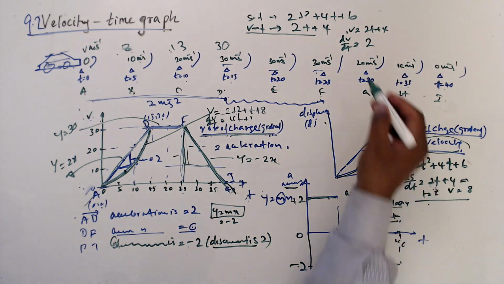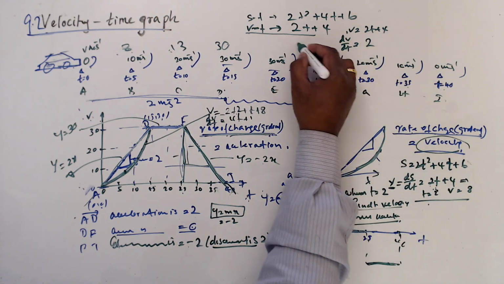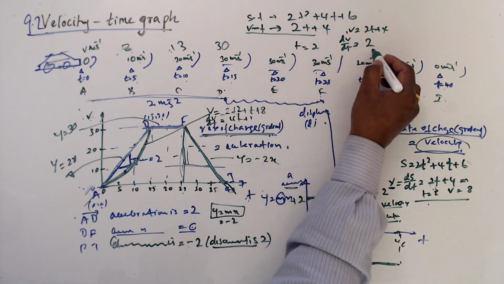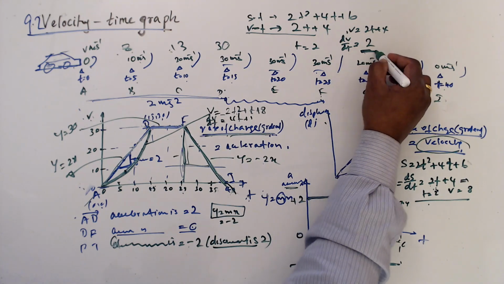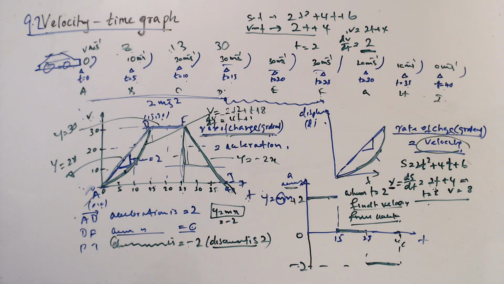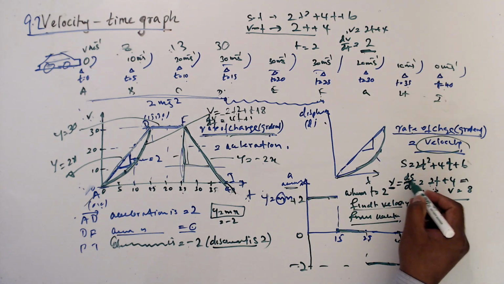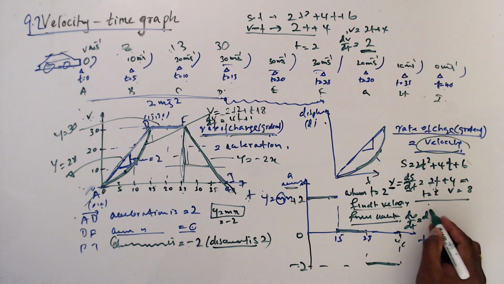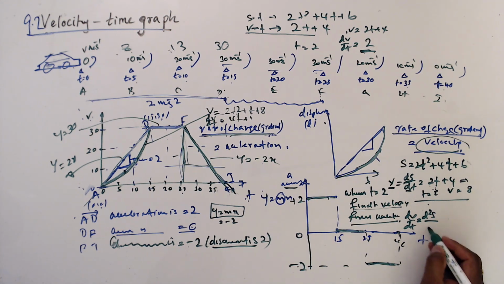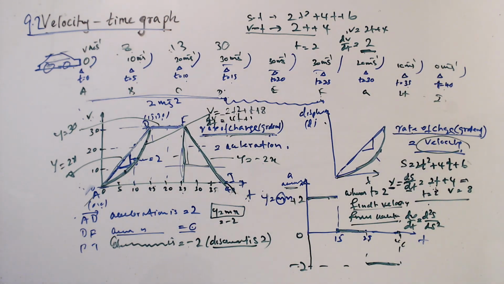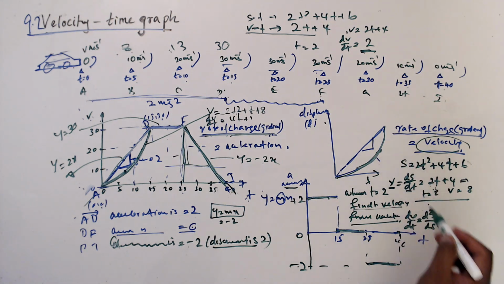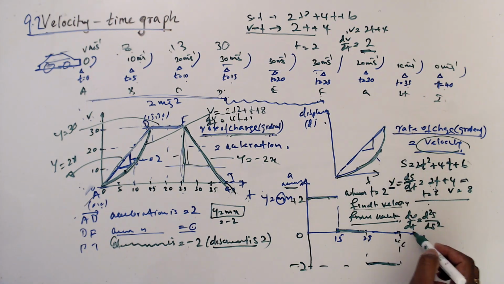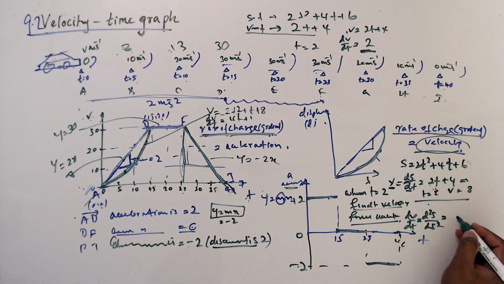So when t equals a given value, the acceleration is 2 because it has a constant acceleration. In terms of s, dv over dt means d square s over dt square. This is a double differentiation for s, but for v it is a single differentiation, that is 2.